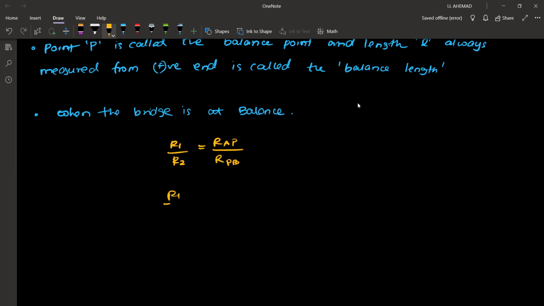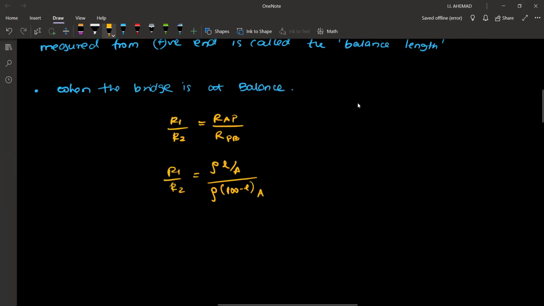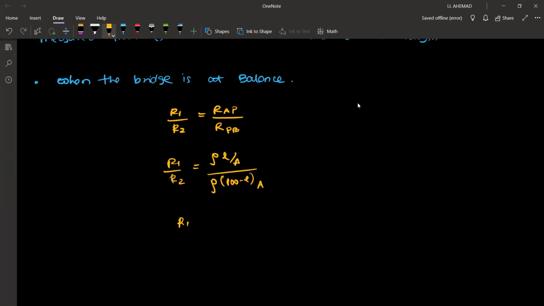But instead of this, we can write rho L over A, and here rho 100 minus L over A. Simplifying, we have R1 over R2 equals L over 100 minus L.